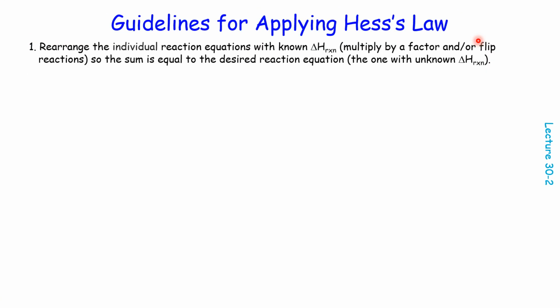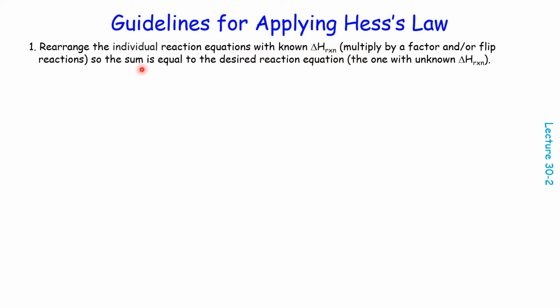Let's go over very briefly the guidelines when you use Hess's law. First, you want to rearrange those individual reactions, the ones normally with, of course, known delta H values.